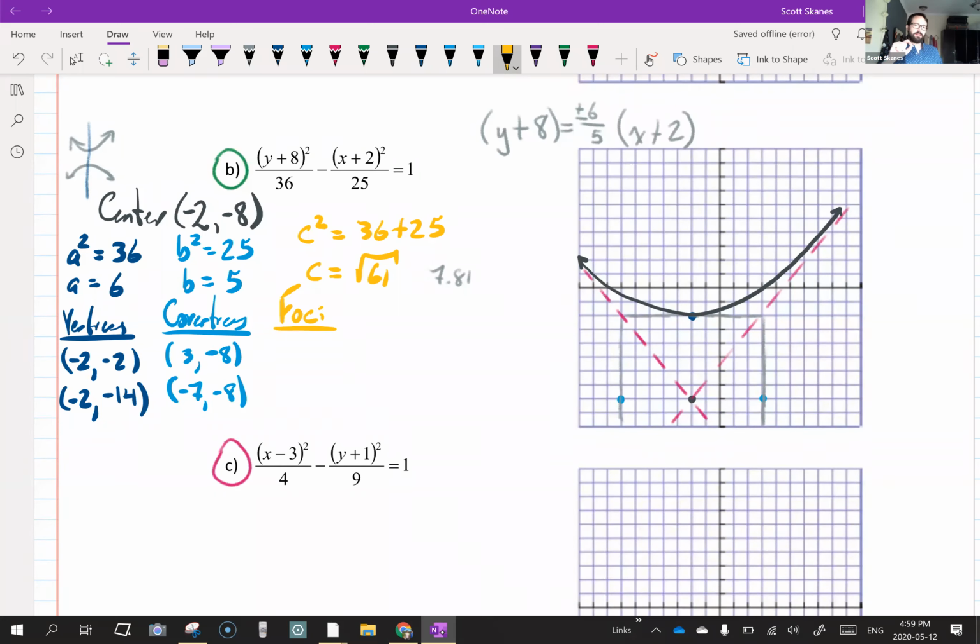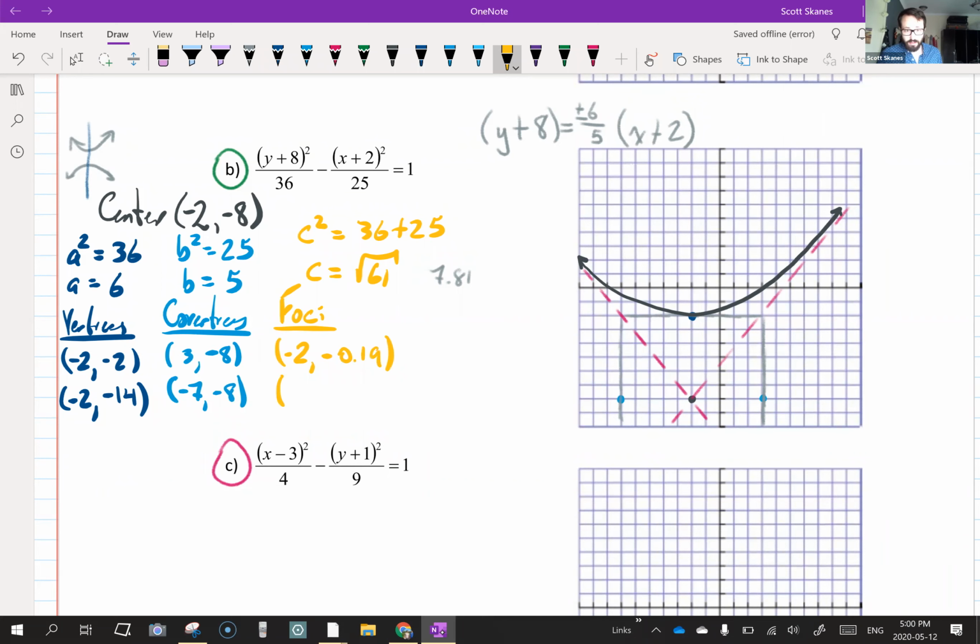You go from the center along the transverse axis, which is the main axis, the y-axis in this case. So we add to the y values and keep the center value the same. -8 plus 7.81 is -0.19. That's a weird one. Really weird.